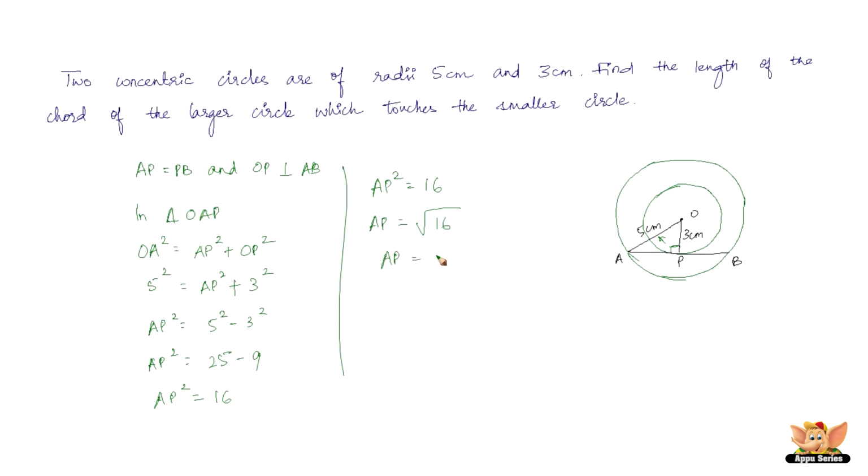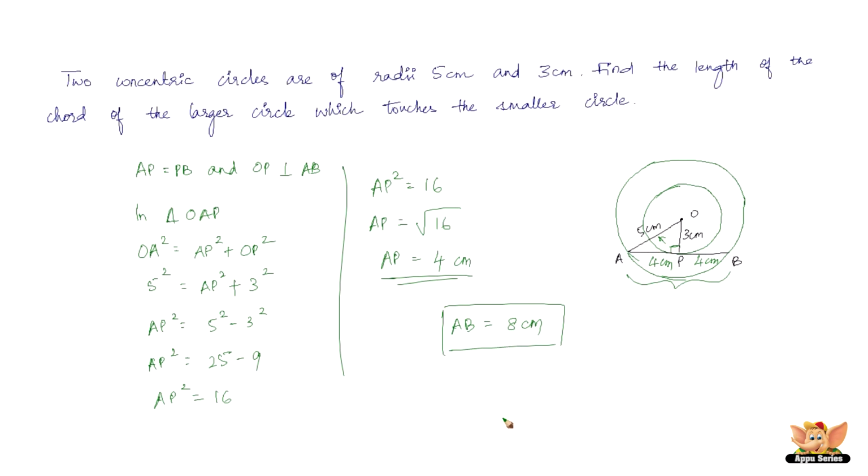So AP will be equal to 4. So the length of AP is 4 centimeters, in which case we've got PB also as 4 centimeters. So then the length of the chord AB is going to be 4 plus 4, which is 8 centimeters. So the length of the chord of the larger circle, which touches the smaller circle, is 8 centimeters.